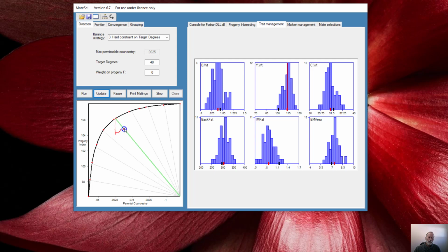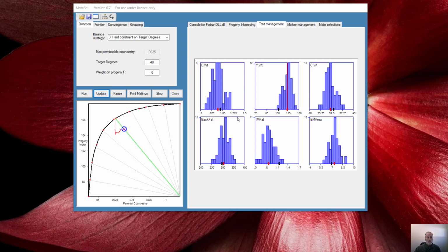So we have more merit here at the expense of some genetic diversity. So our policy is such that we have shared the compromise between those two components. And that's a choice for you, the practitioner, as to where you want to be and how you want to make those compromises. However, it does seem sensible to me that you would share the compromise between these two components rather than making it totally based on diversity alone.